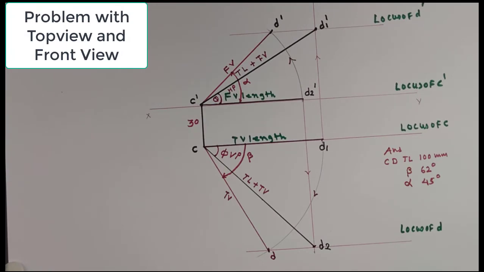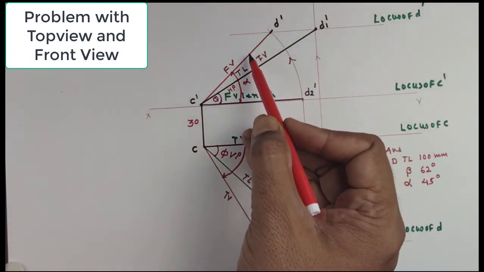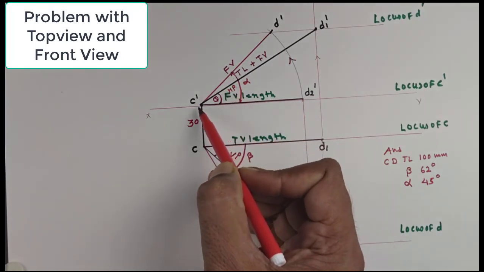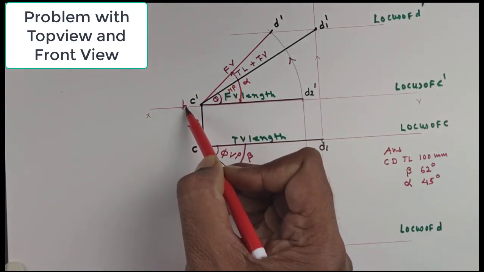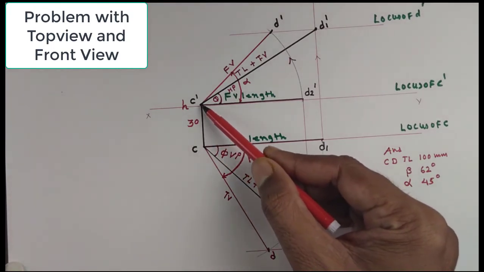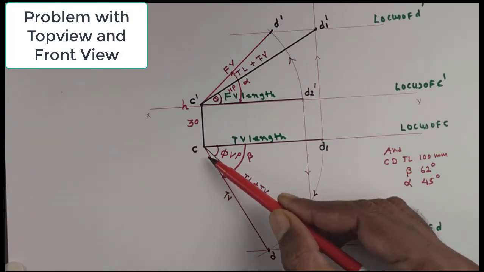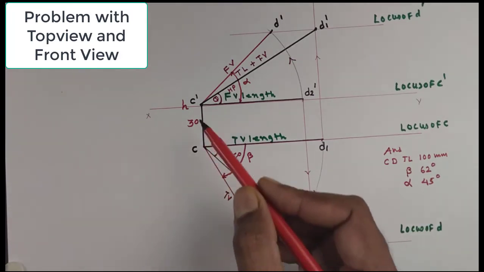Now for HT, we extend our elevation up to the XY line where I mark the H point. From H point I draw the perpendicular line on the actual top view. So this is my perpendicular line.